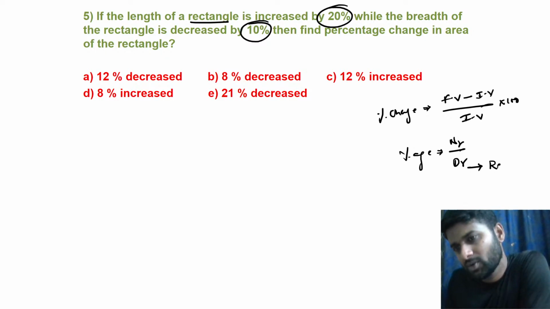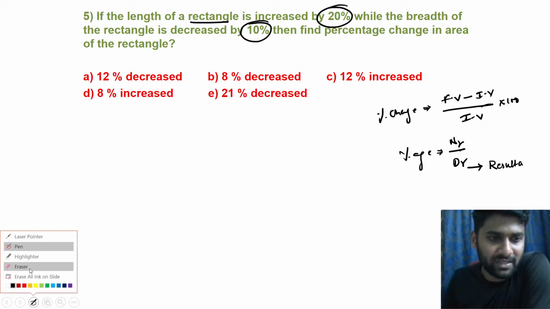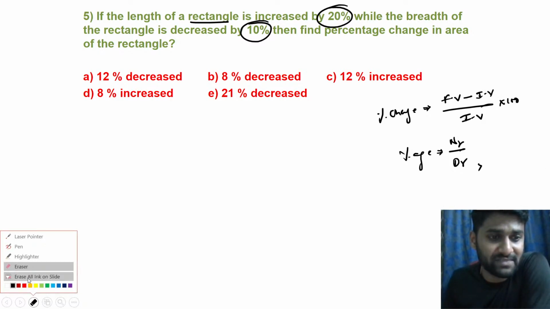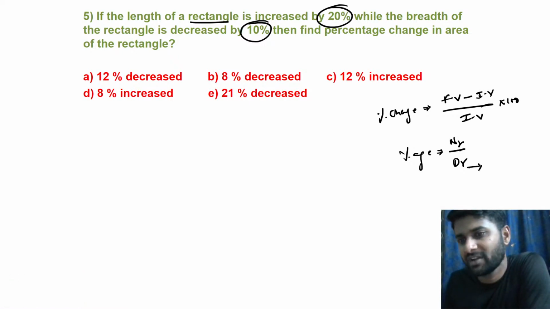Remember, the denominator is always the comparison value, which means it's the base value. Without proper comparison, we never get any numerator. That's why the denominator is the comparison and the numerator is the result.